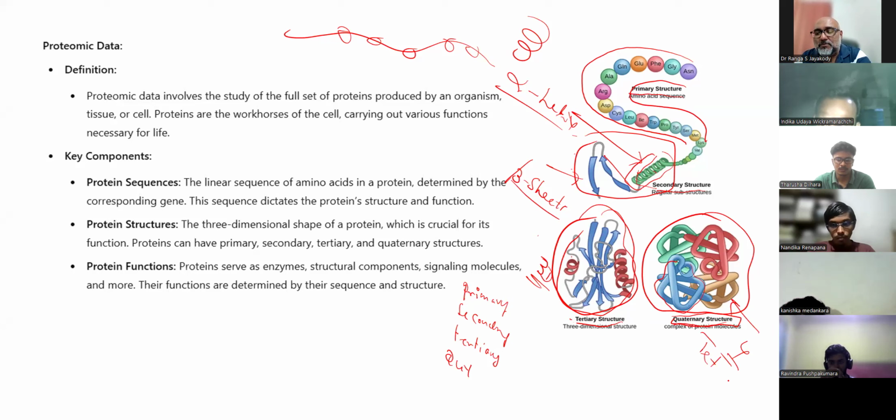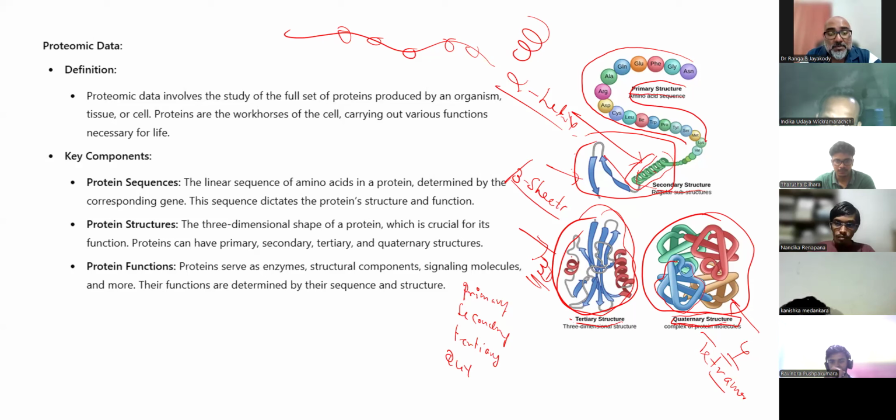Tetra means four, tetramer. So you have monomer, this is a monomer, single chain. Then you have dimers. So these dimers can be homodimers or heterodimers. Homo means two identical units are together. Hetero means there are two different types of units together. So you have homodimers and heterodimers.